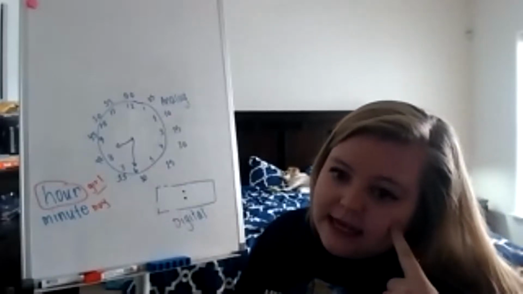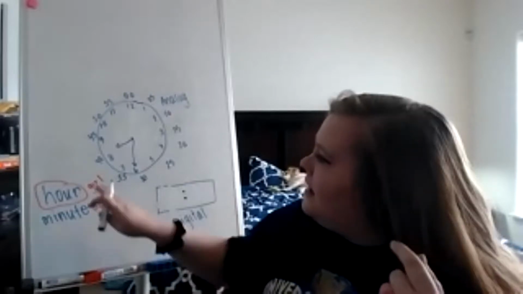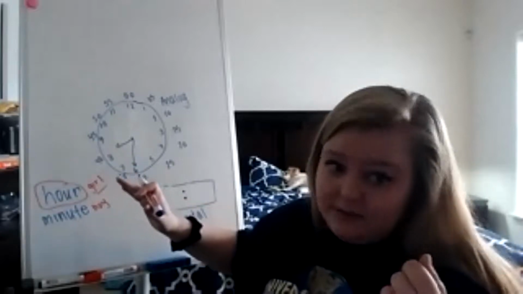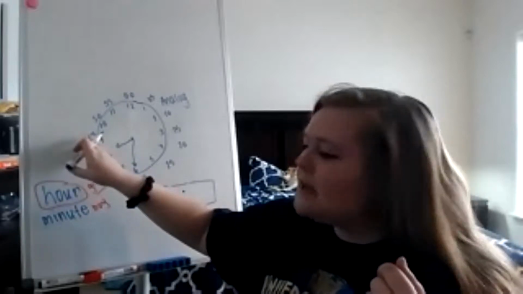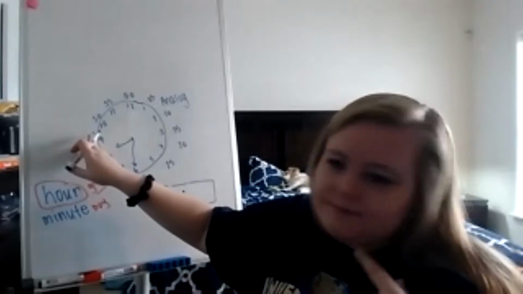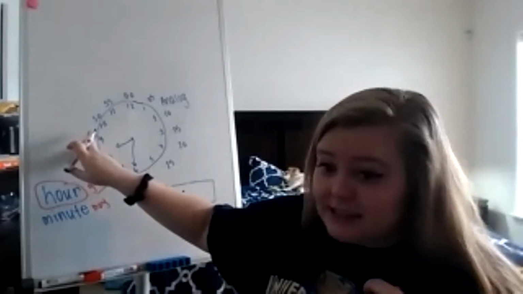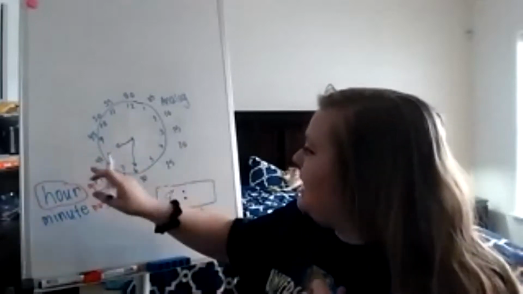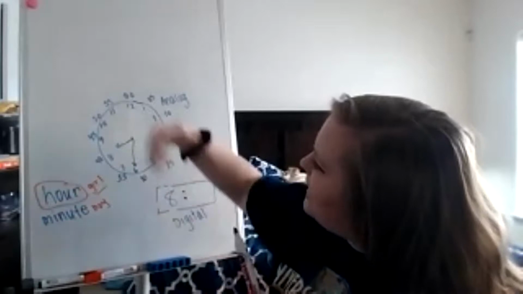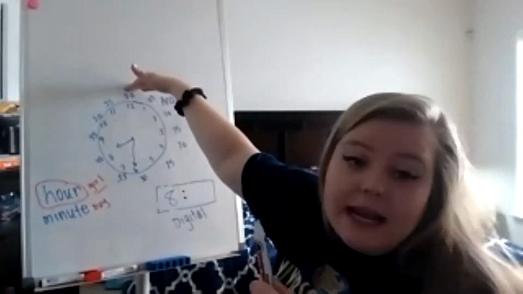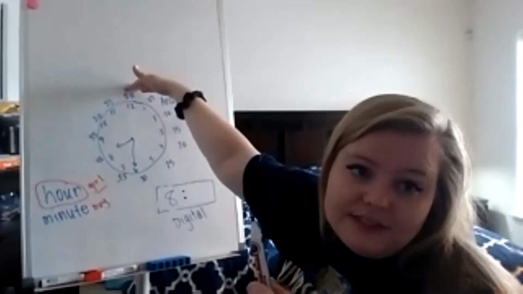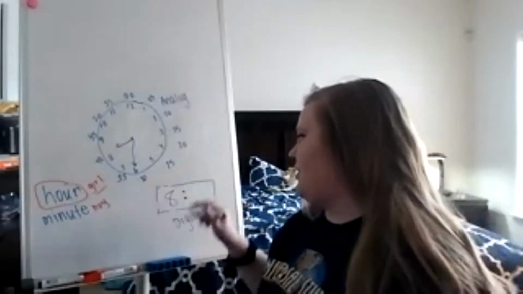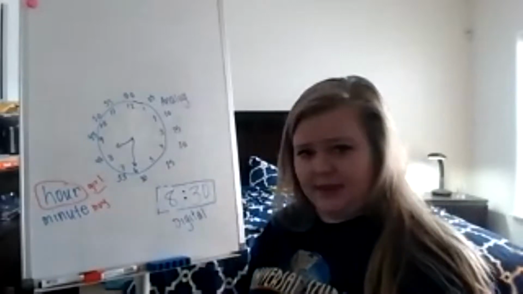Remember, what did I say? Has it passed the 8 yet? Yes. Has it gotten to the 9 yet, though? No. So if it hasn't gotten to the 9 yet, we know the hour's got to be 8. Now we count by 5s. I know when my minute hand is pointed straight up at the 12, I have 0 minutes. 5, 10, 15, 20, 25, 30. It is 8:30.